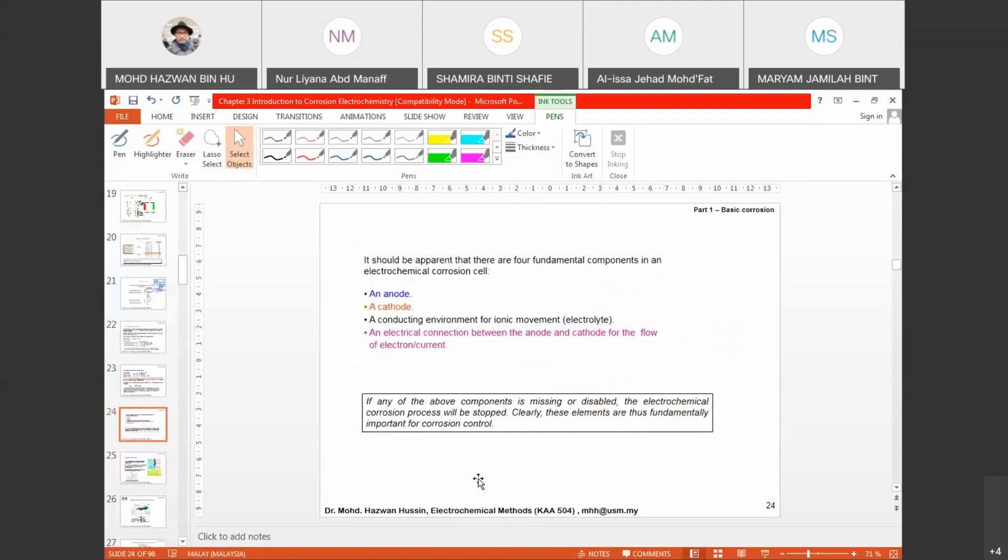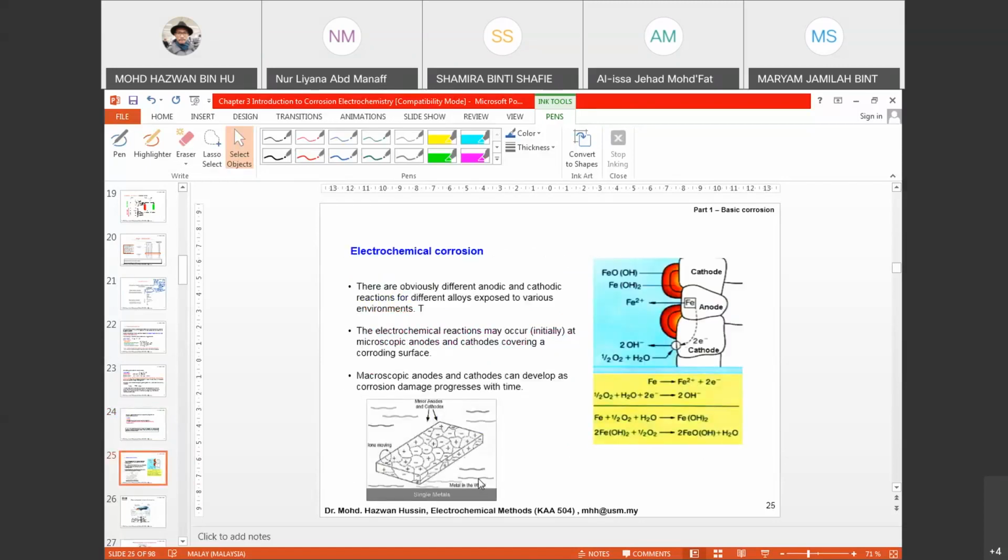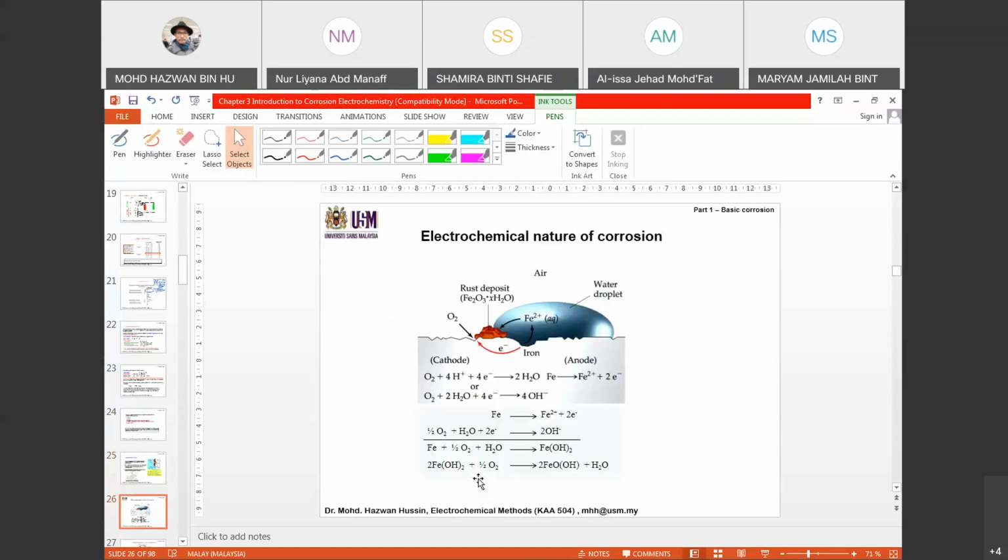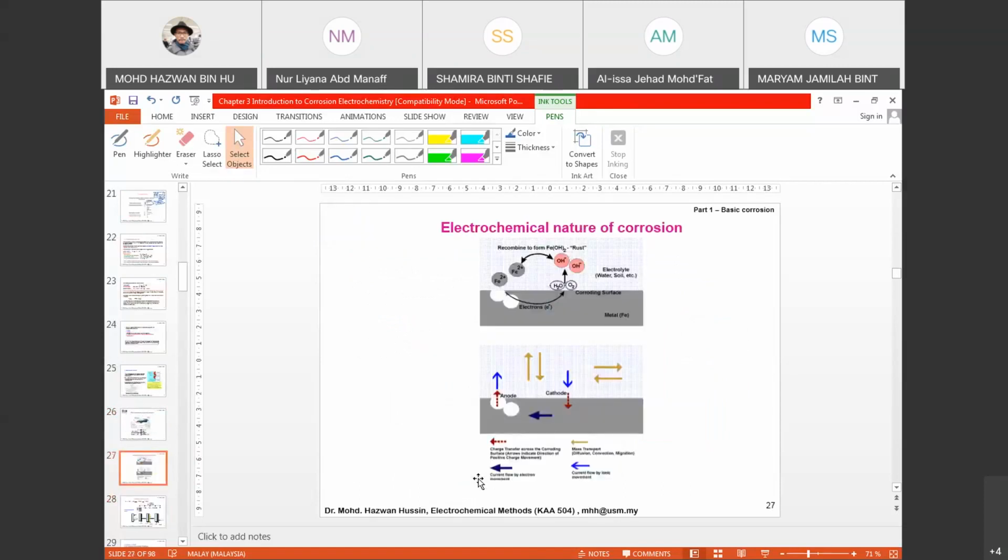So the things that we have to consider in a corrosion electrochemical cell are the establishment of the anode, the establishment of the cathode, the conducting environment, which in this case is the electrolyte, and the connection. You must have a connection between the two electrodes or the two terminals. I believe this is also part of what we have gone through.